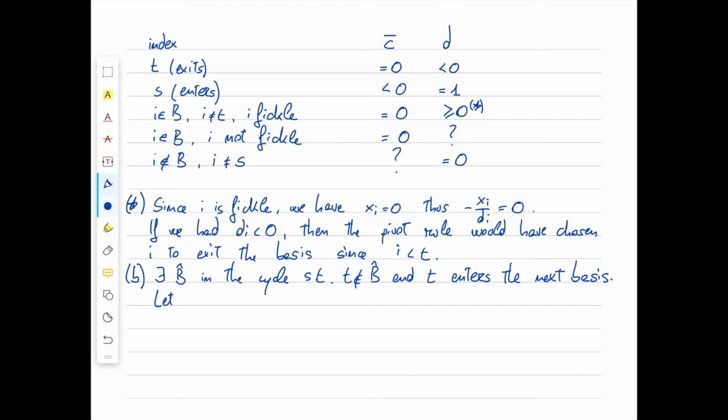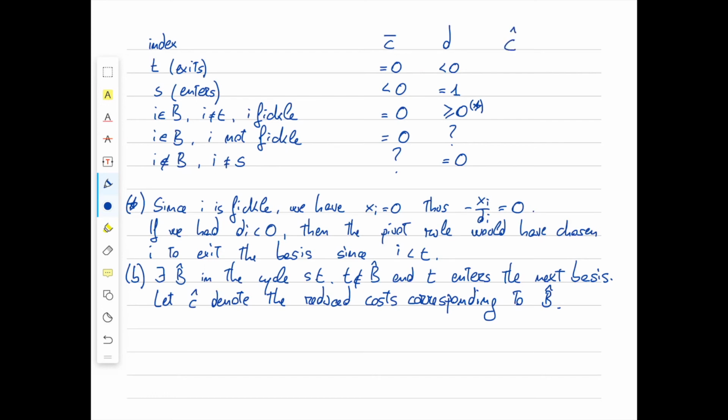Now let c hat denote the reduced costs corresponding to B hat.